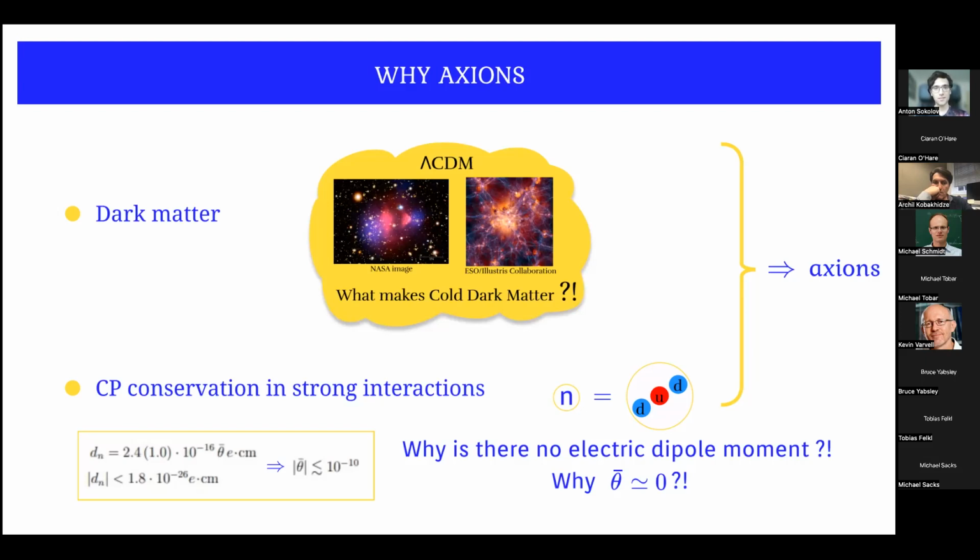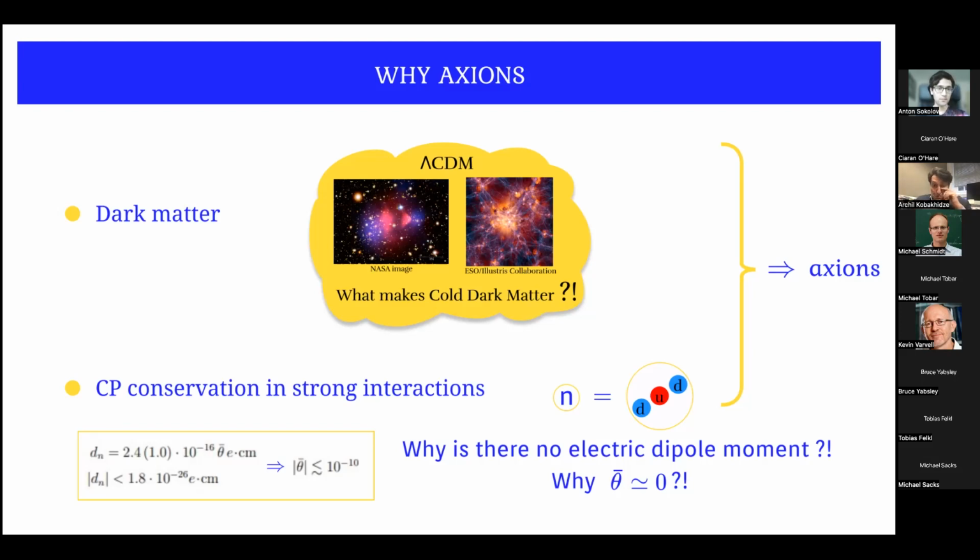The relevant question here is what makes cold dark matter, and axions provide a very nice solution to this problem by a very simple mechanism, which is normally the misalignment mechanism or the decay of topological objects like axion strings.